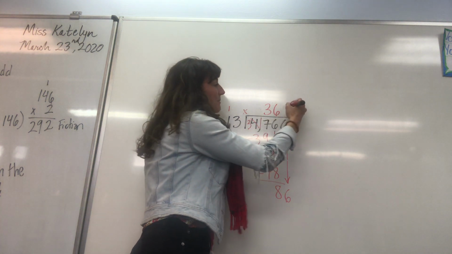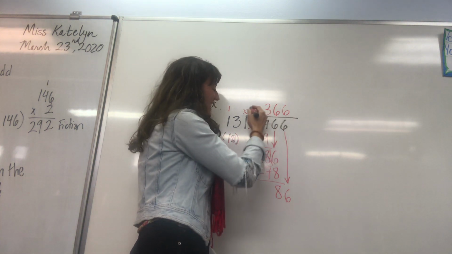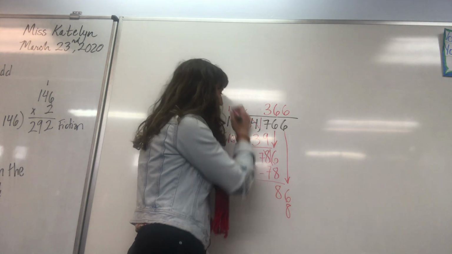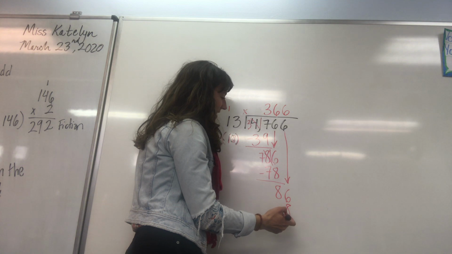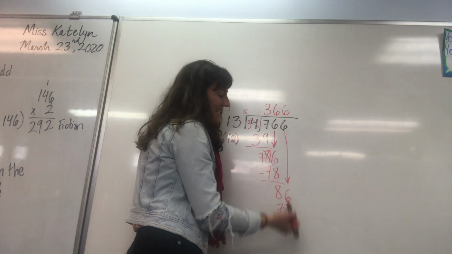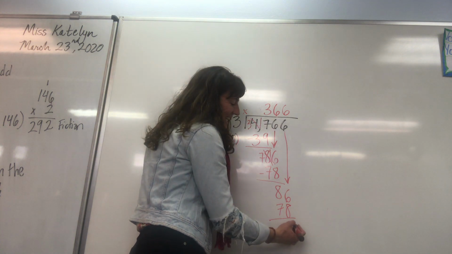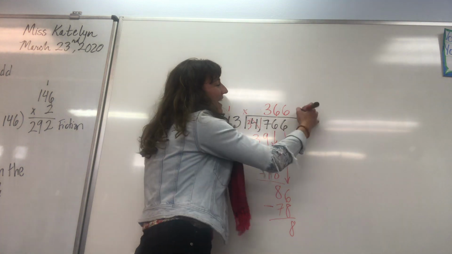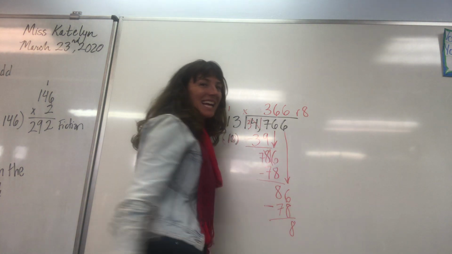I did 6, I'm going to do 6 again. 6 times 3 is 18, and 6 times 1 is 6 plus 1 is 7. And we already know that 86 minus 78 is 8. Now I have a remainder of 8.